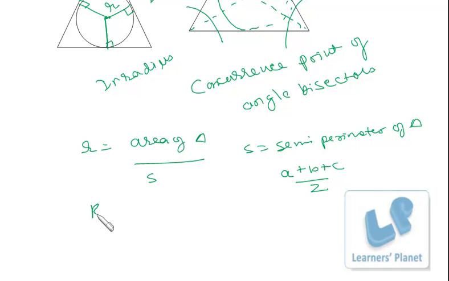So the two relationships: capital R, the circumradius, is equal to ABC, the product of the sides, by 4 area of the triangle, and small r, the inradius, is equal to area of triangle by semi perimeter. These two relations are very important.